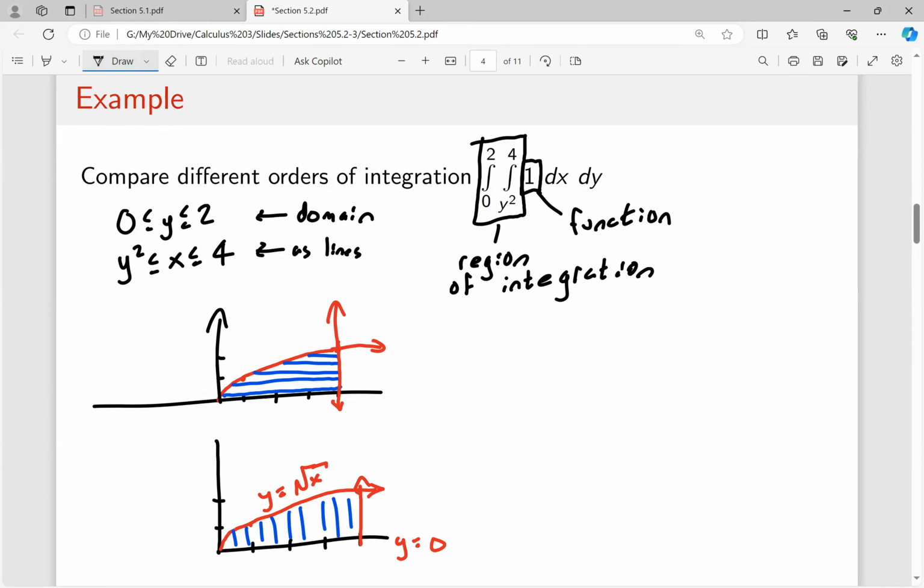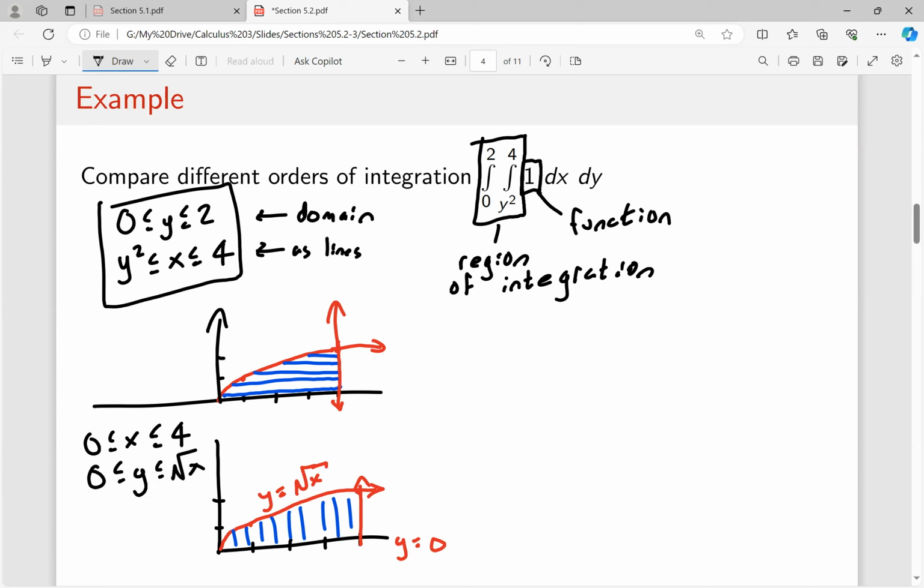So this region is the same as 0 less than or equal to x less than or equal to 4, y between 0 less than or equal to y less than or equal to square root of x. Okay, these are the same region.